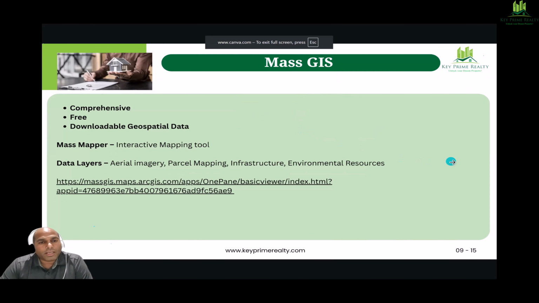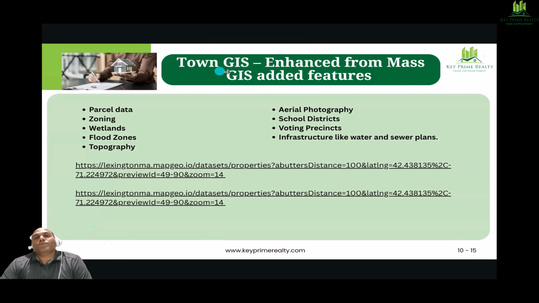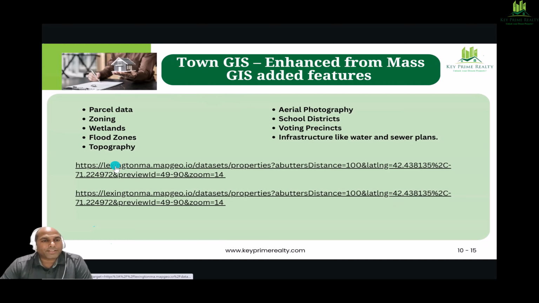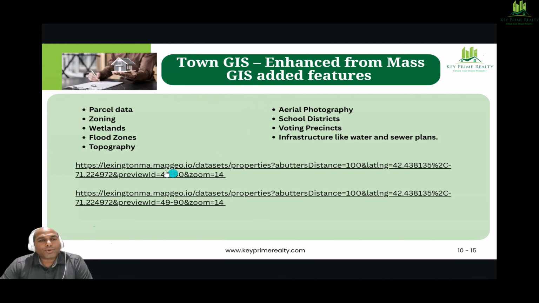Moving on to the town GIS. This is a further enhancement of the Mass GIS. If you take a particular town, we're going to go through the Lexington town's GIS map. They build on top of the state provided map, and then they add so many layers to it.